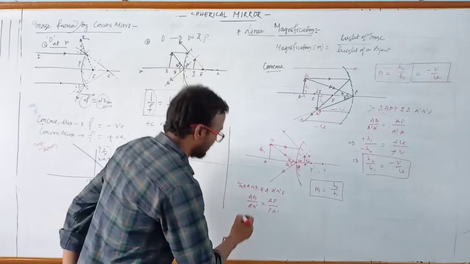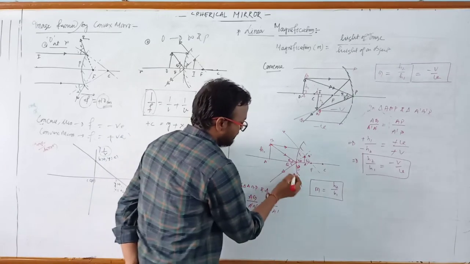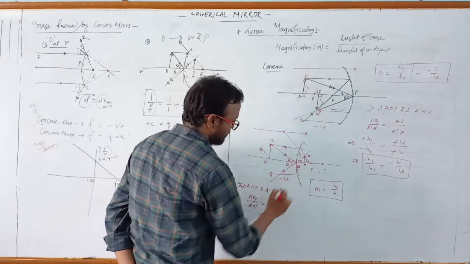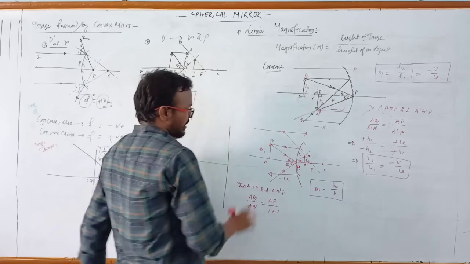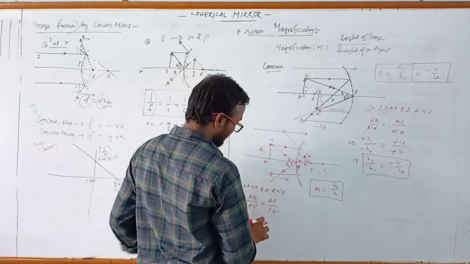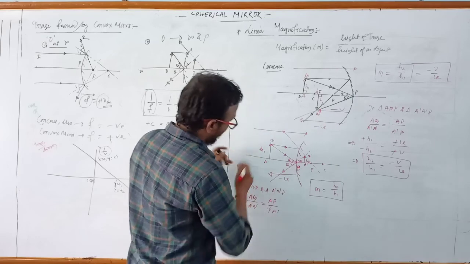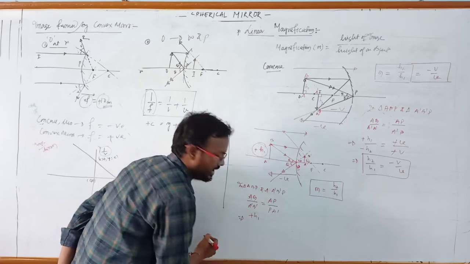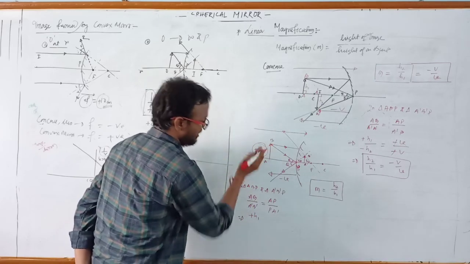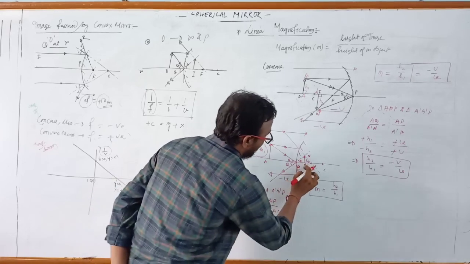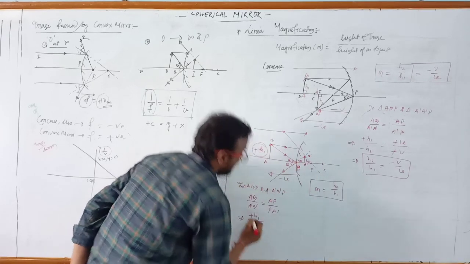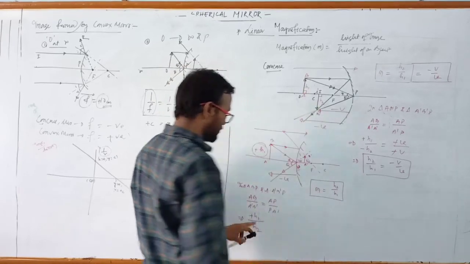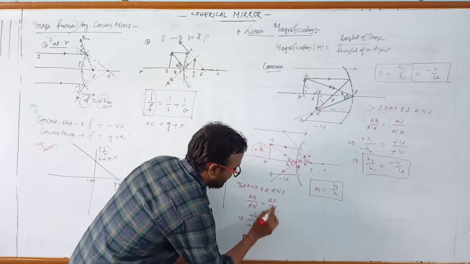If we use sign convention here, object AB, this height which is above the principal axis, is plus h1. Clear? AB is plus h1 divided by A'B'. A'B' is also plus, because object and image above the principal axis are taken to be positive by sign convention, which is equal to AP.